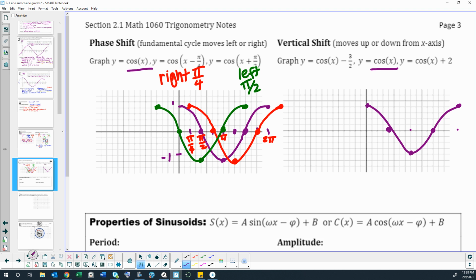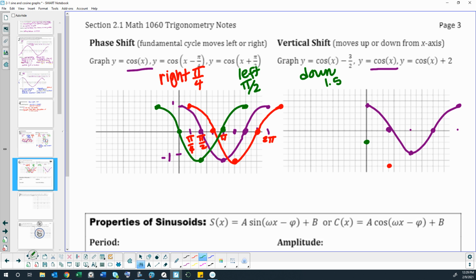What does that mean our graph's going to do? Yeah, so down 3 1/2, right? So this point's at 1, so that point's going to go down 1 1/2. So that would be there to there. And this point's going to go down 1 1/2 to there.